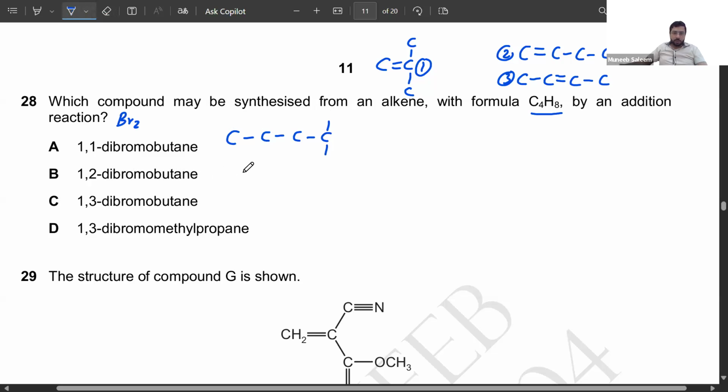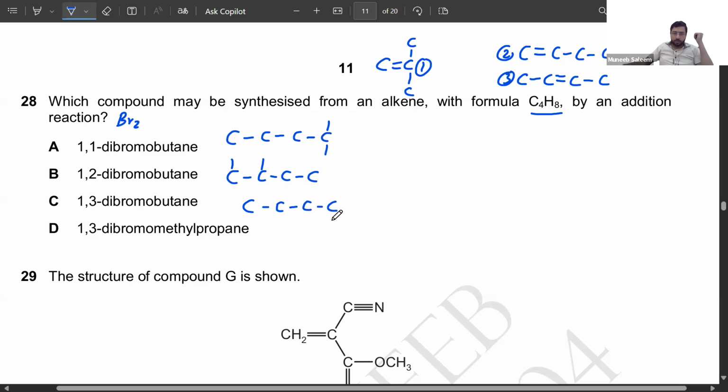Okay, in option B, the compound would look like this. 4 carbon atoms with bromine on position number 1 and 2. In this case, I'm going to number from the left. So this is carbon number 1 with bromine, and this is carbon number 2 with bromine. Now option C says 4 carbon atoms with bromine on positions 1 and 3. In this case, I'm going to number from the right.